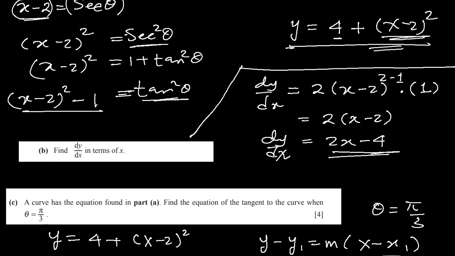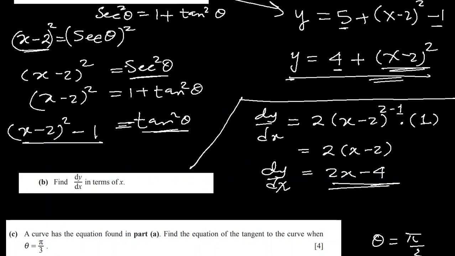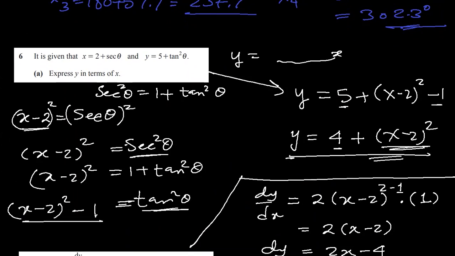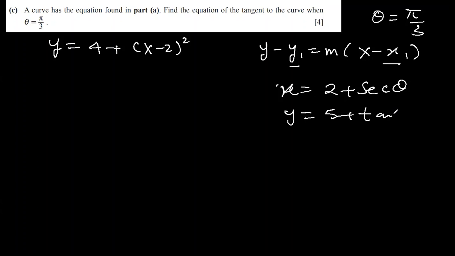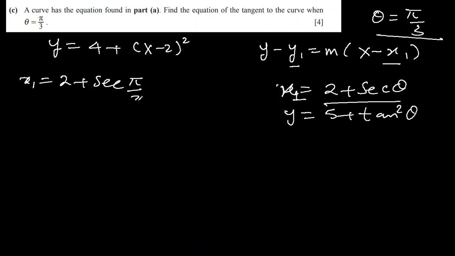So what was the equation for x? I'll go up there. It was 2 plus secant theta and 5 plus tan square theta. So x was 2 plus secant theta, y was 5 plus tan square theta. So x1 becomes this at pi by 3. So let's find x1. 2 plus secant pi by 3.